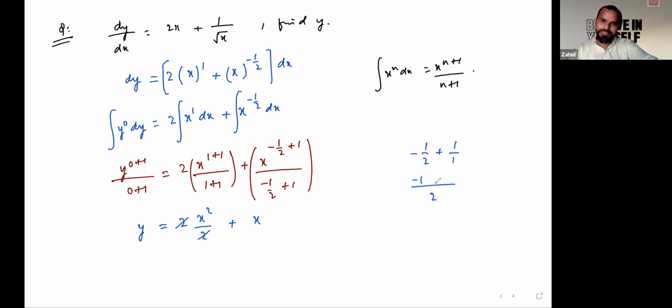So it would be minus 1 plus 2, which means plus 1 over 2. So it becomes plus 1 over 2 divided by plus 1 over 2. So x square over 1 over 2 becomes 2 over 1, and x to the power half means under root x. So the final answer would be y is equal to x square plus 2 root x.